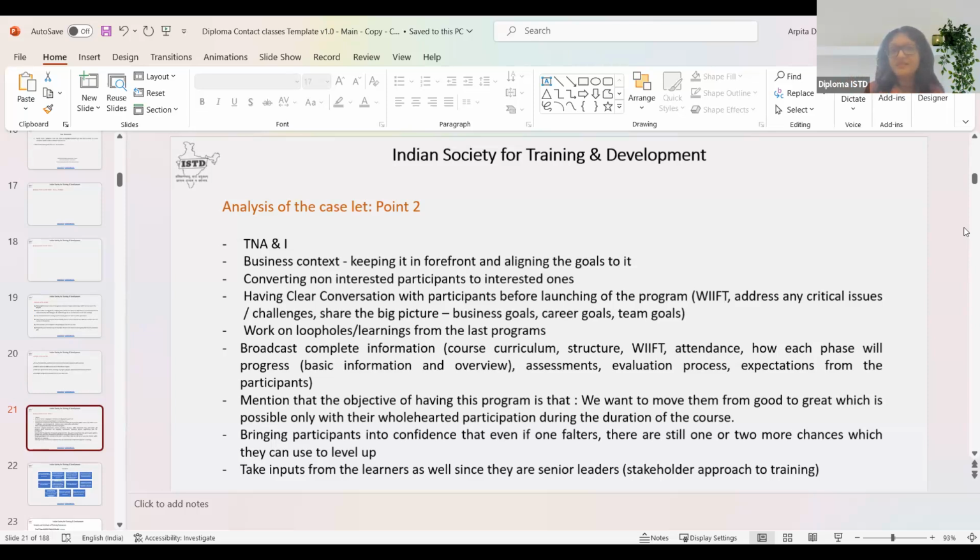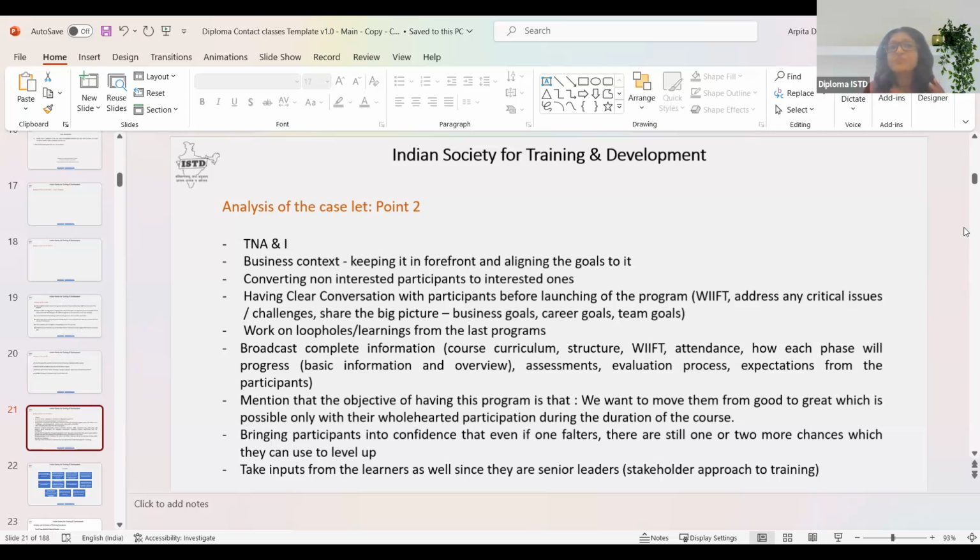Converting non-interested participants to interested ones. So what are the different strategies? Again, pre-training activities have to be really creative. We have discussed that, which can actually convert some, maybe not all, of the non-interested participants to interested participants.